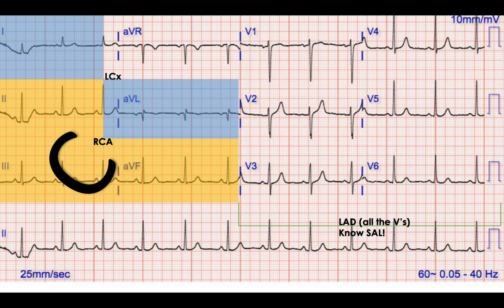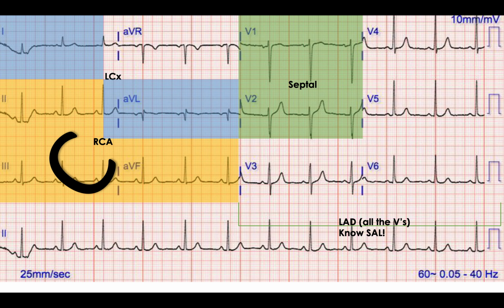How do you remember what part of the LAD, or what part of the heart, you're at? I made up the mnemonic SAL. I think of Don't Call Saul from television, but if you remember SAL, you can remember what part you're at if you just divide it by 2's. V1 and V2 is the S for septal.